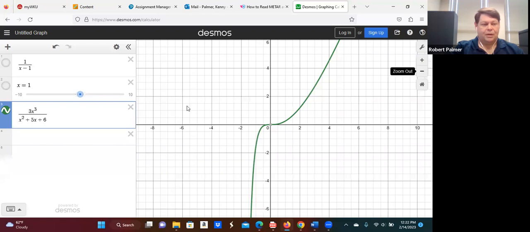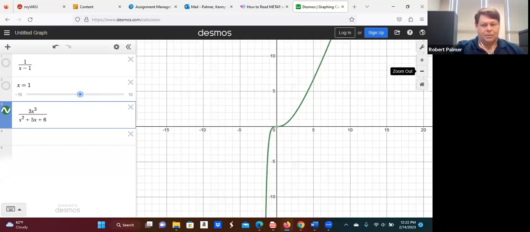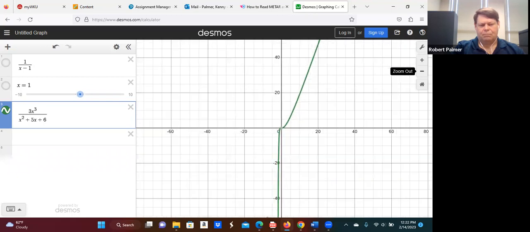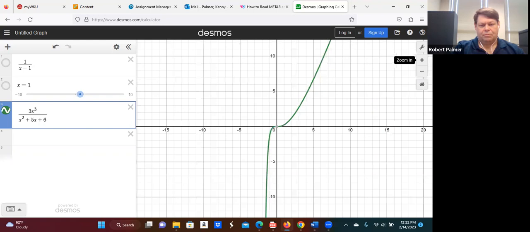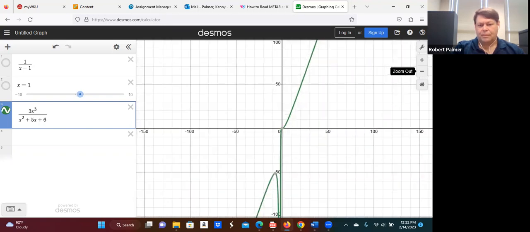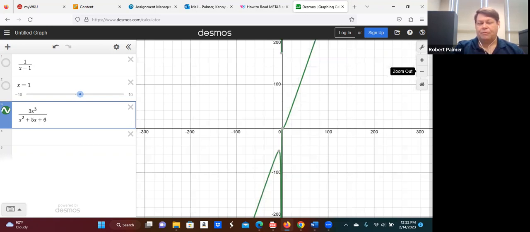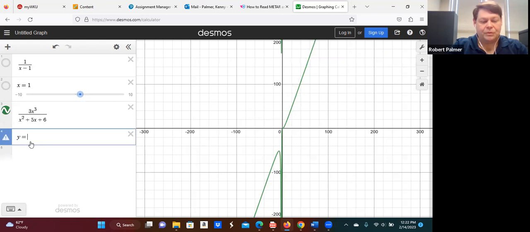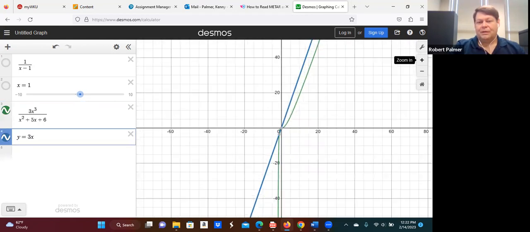Okay, there we go. You have to zoom out a bit to see it. And let's graph this line, y equals 3x.